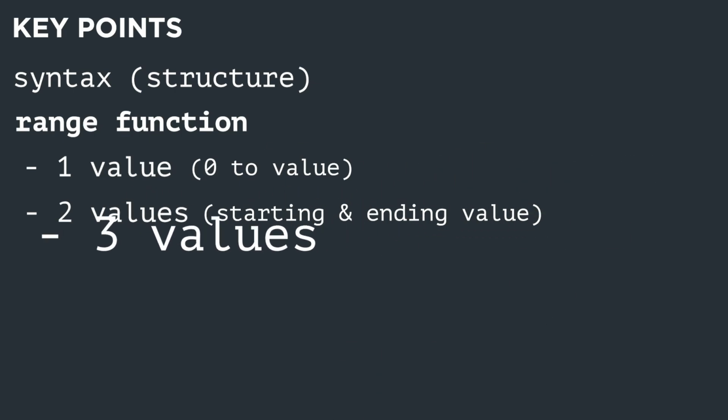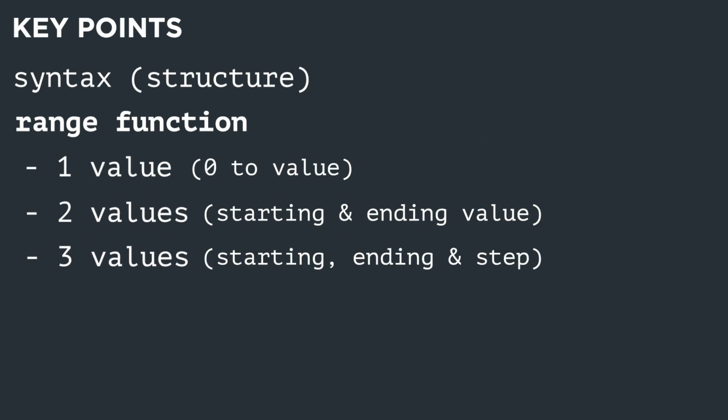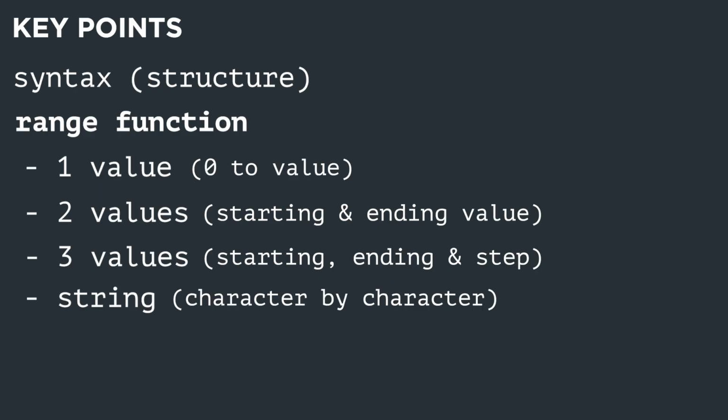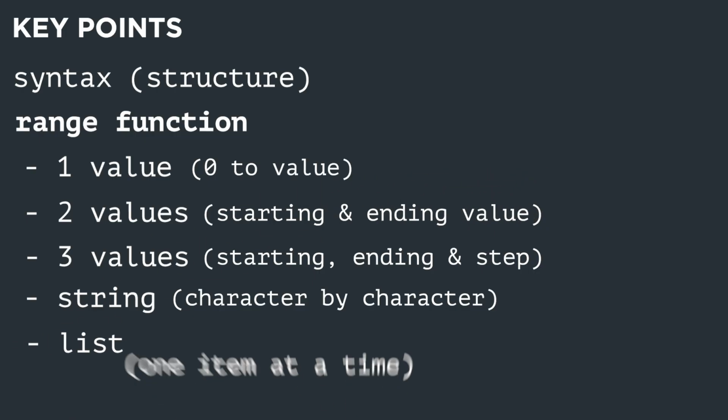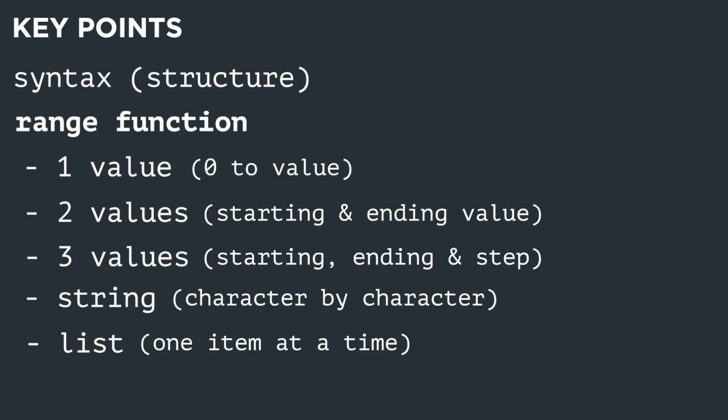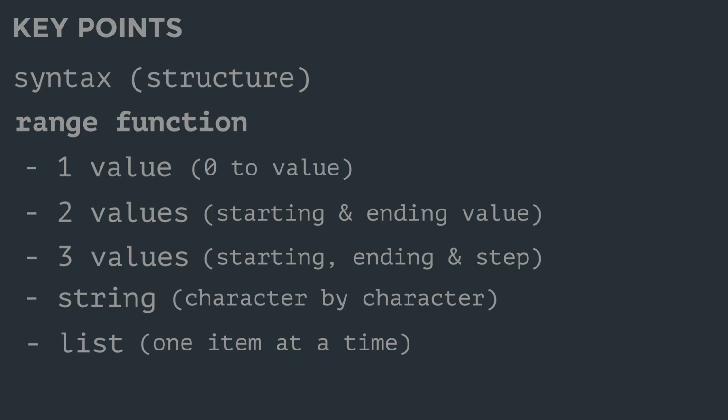And we can specify 3 values, a start, an end, and a step. Or we can go through a string where it'll just go through character by character. Or we can go through a list where the for loop will just go through the list one item at a time. So that is all for how to structure for loops, and again, we will revisit this with examples.